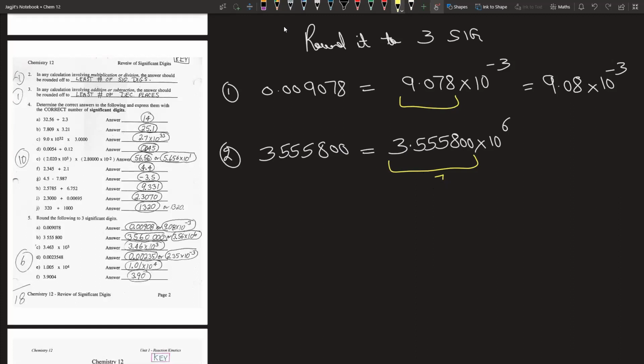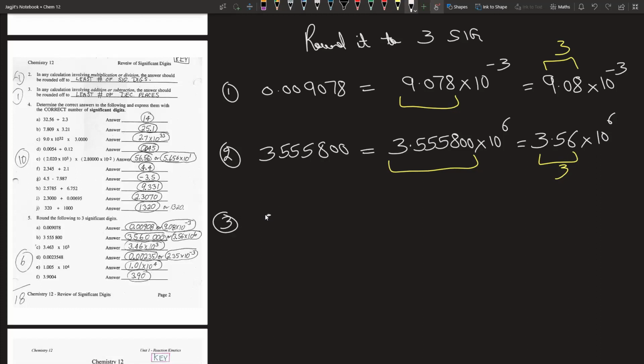That's not going to fly. We only need 3 sig figs. So you would rewrite this as 3.55, but instead of 5, it will actually become 6 because the number after that is 5, so it'll get rounded up, times 10 to the power 6. And now you can see you only have 3 sig figs. As you can see, for all of these, we're trying to make them 3 sig figs.